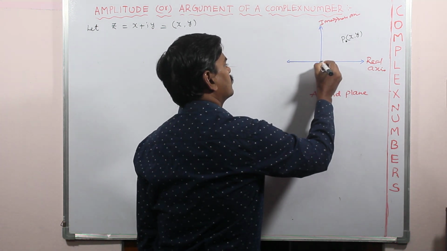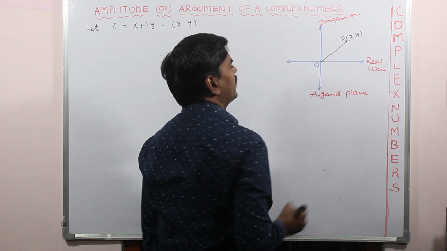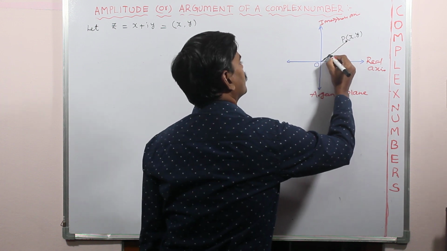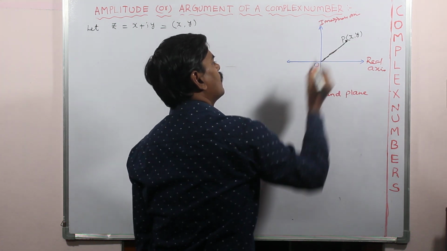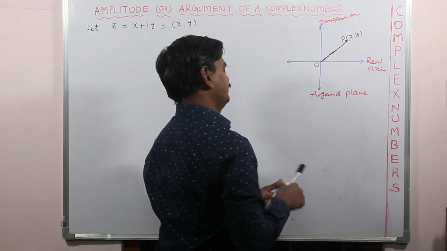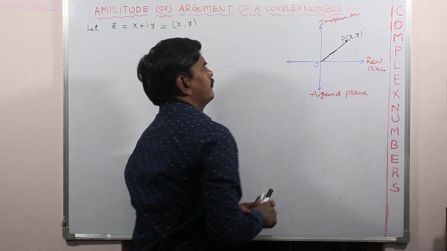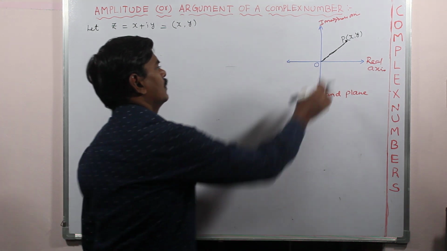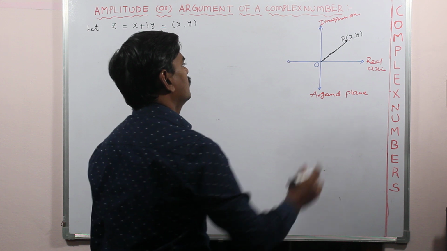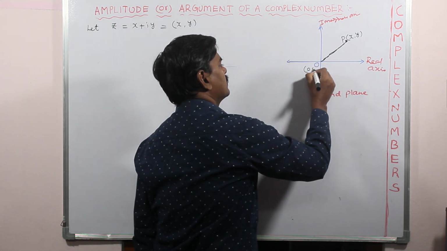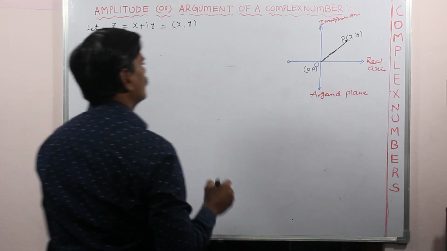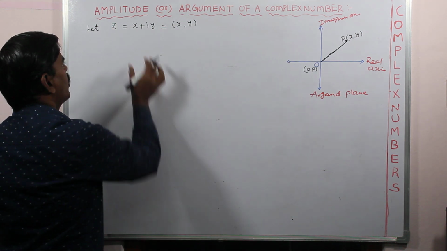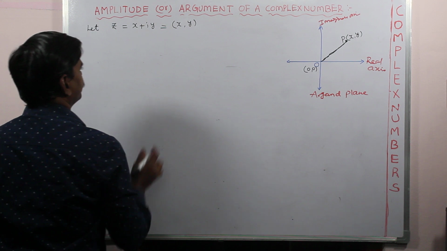Now the line joining O and P, the line OP, is called the modulus line, because this OP is the distance between points O and P and represents modulus of this complex number.